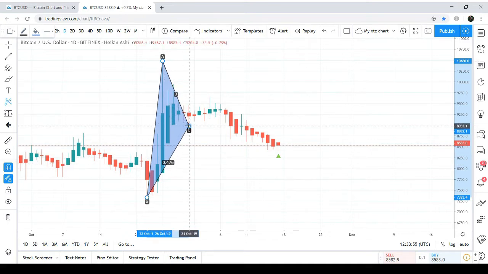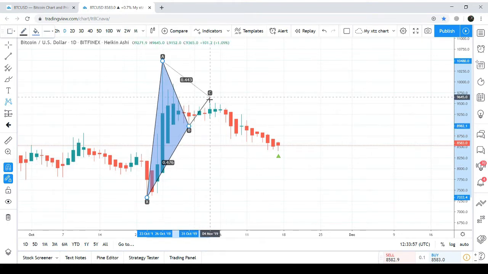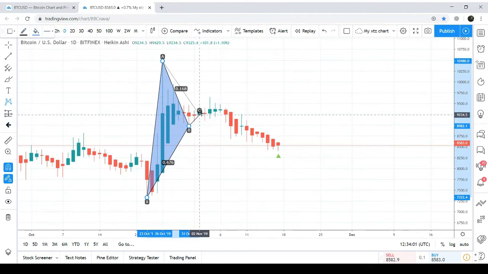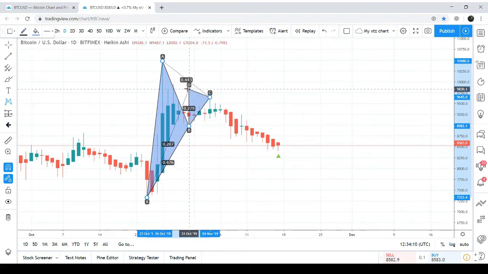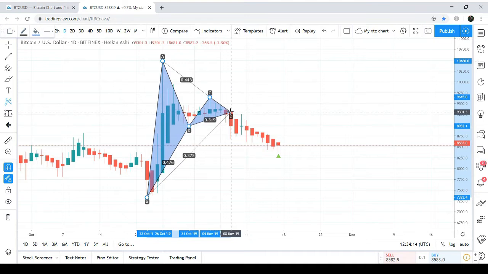After that, the B to C leg should be retraced between 0.382 to 0.886 Fibonacci. Here, if we place the pattern tool, we can see that it is retraced up to 0.443 Fibonacci. So this leg is also perfect as required for the bat pattern.